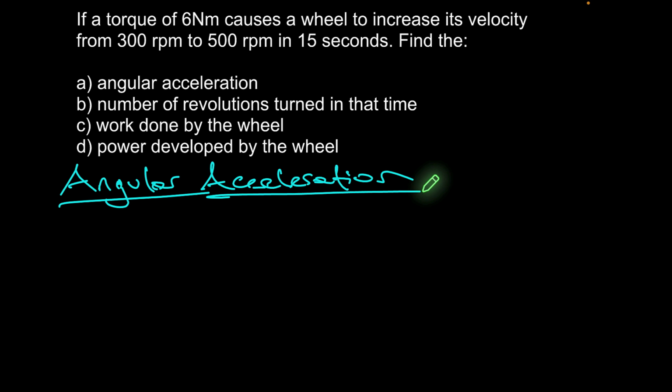Now, the first thing that we really need to do is to understand the difference between angular frequency and angular speed. And when we're finding acceleration, it has to do with the rate of change in speed. So what we actually need here is the angular speed. So we're going to convert these RPM into angular speed.